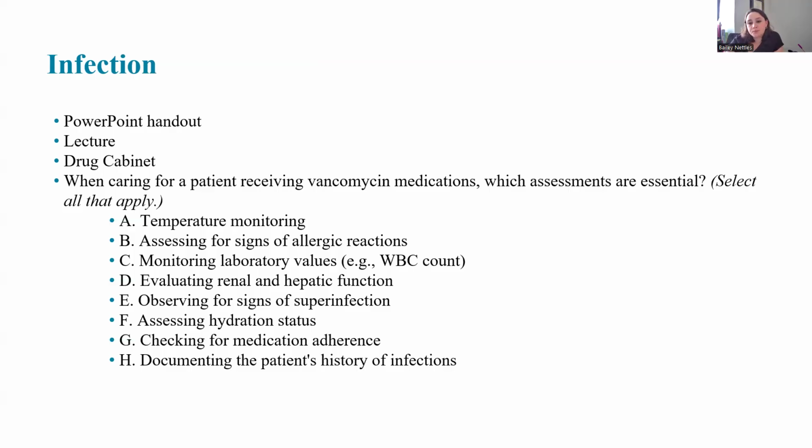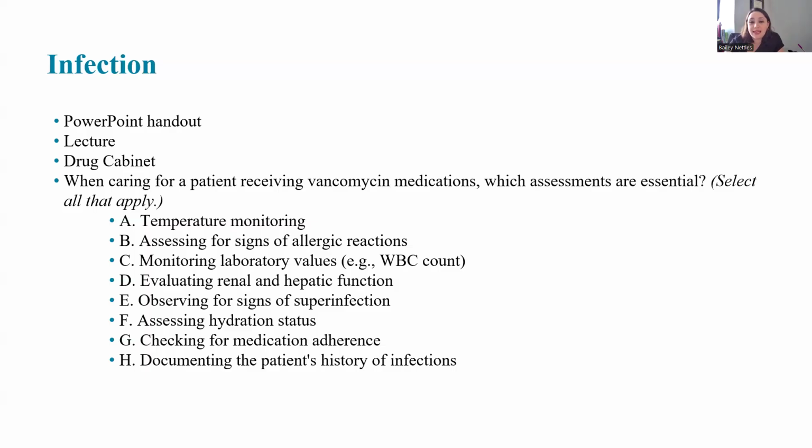Monitor lab values. If it doesn't say otherwise, the white blood cell count, we definitely want to monitor, right? We also want to monitor, if it's vancomycin, our kidney function. Okay, so definitely like that one. Evaluating the renal and hepatic function.